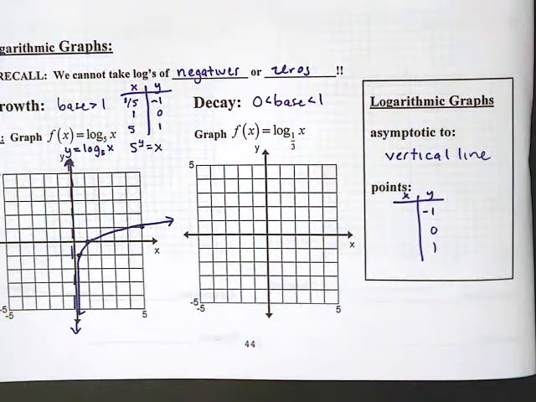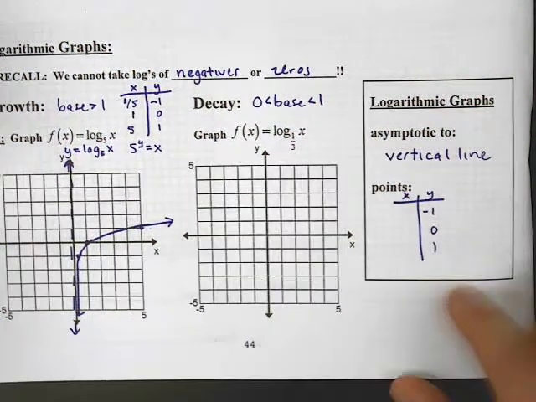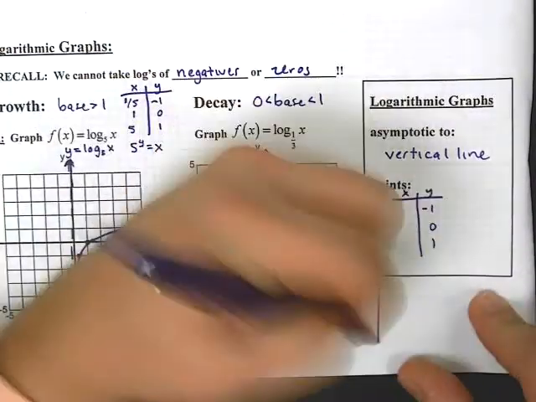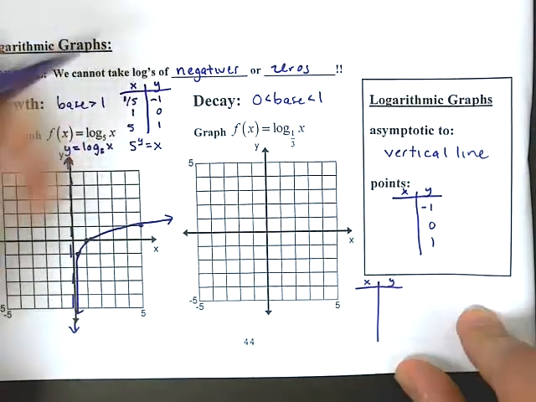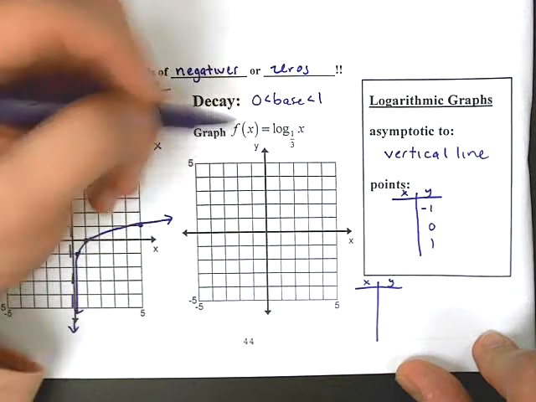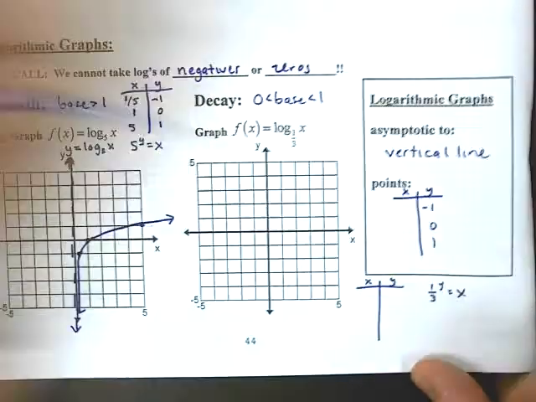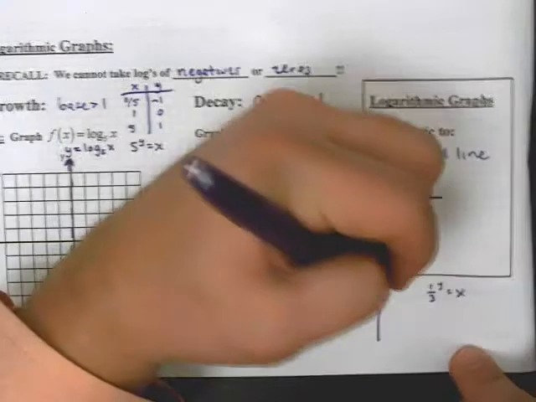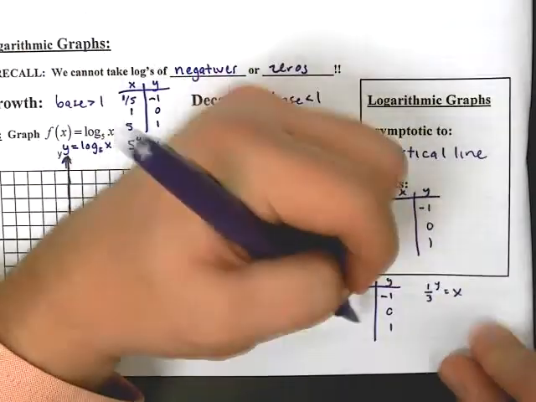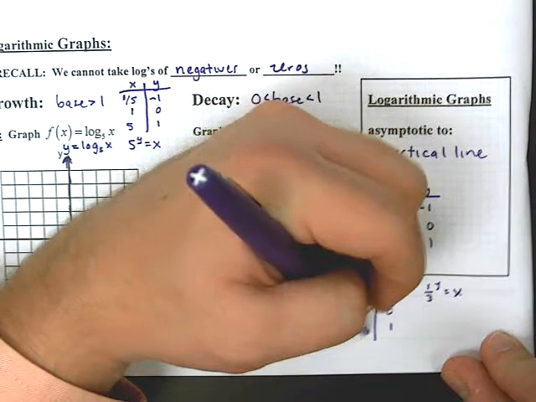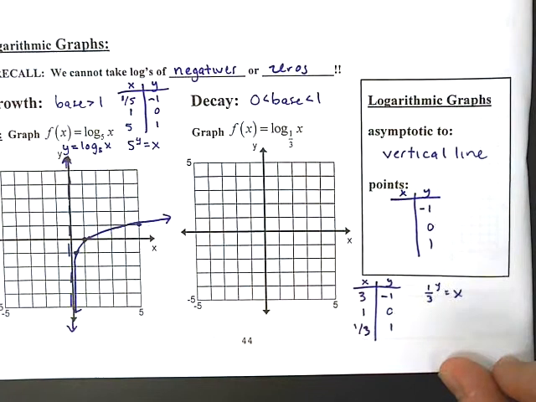So now let's take a look at this last one. And remember, I'm going to switch this, and I know I don't have a ton of room. I'm going to do this down here. Remember now, I am no longer doing 1/3 to the x equals y. I'm doing 1/3 to the y is equal to x. So my -1, 0, and 1 go in the right column. I plug in some numbers, so I have 1, I have 1/3, I have +3, right? 1/3 to the negative first is +3.